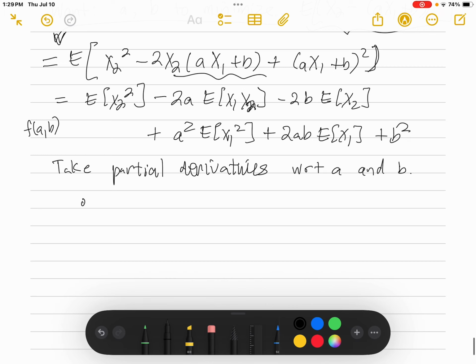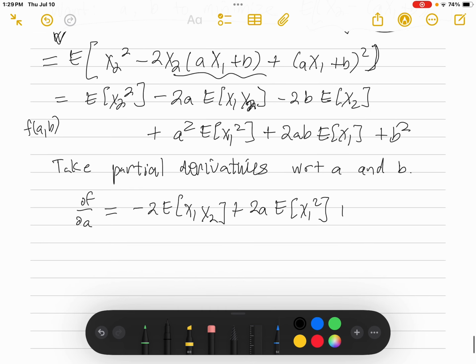When you take partial f partial a, this is going to be -2 times the expectation of x1 x2 plus 2a times the expectation of x1 squared plus 2b times the expectation of x1.